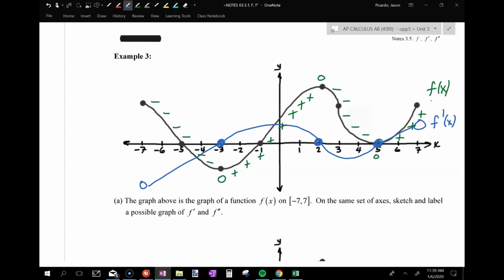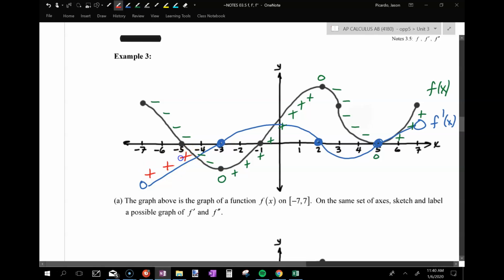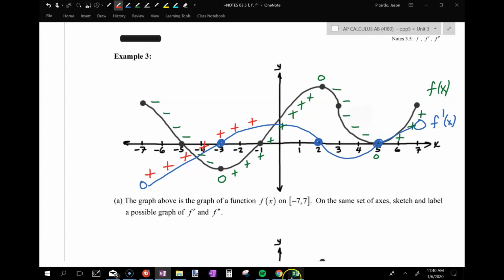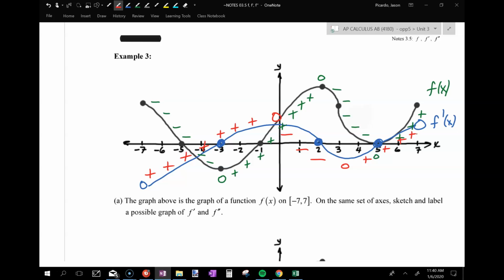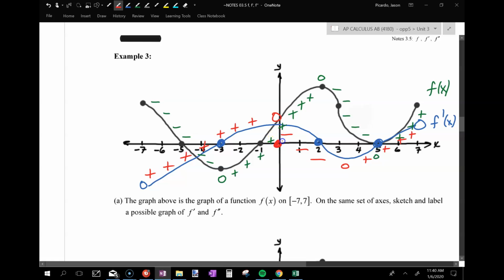All right, so now I want to take the second derivative, which means I need to play the plus minus game with the new one, right? How's that? Now what am I going to do? Take the pluses, take the minuses, take the zeros, and make a graph out of them. I need a 0. I need a 0.